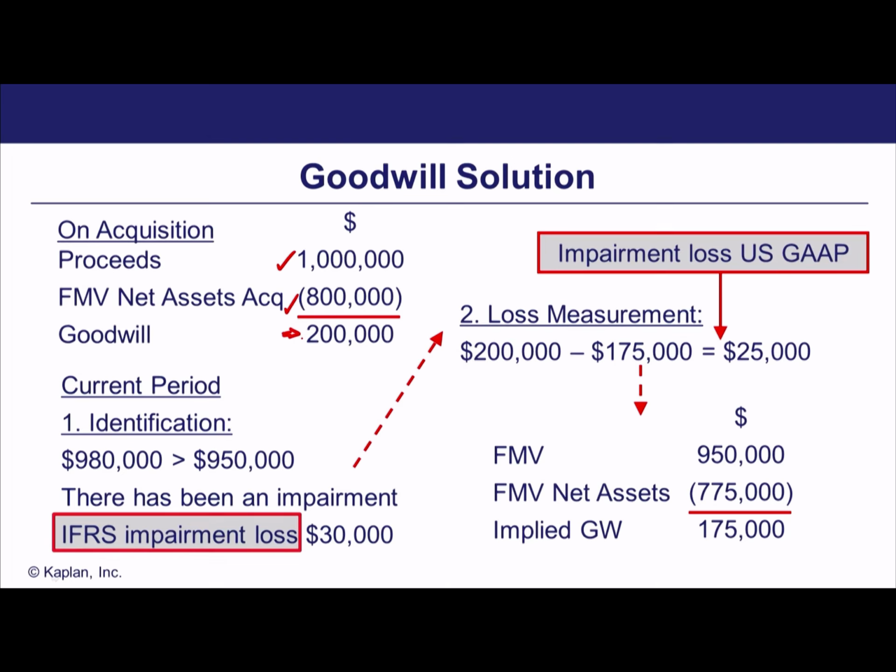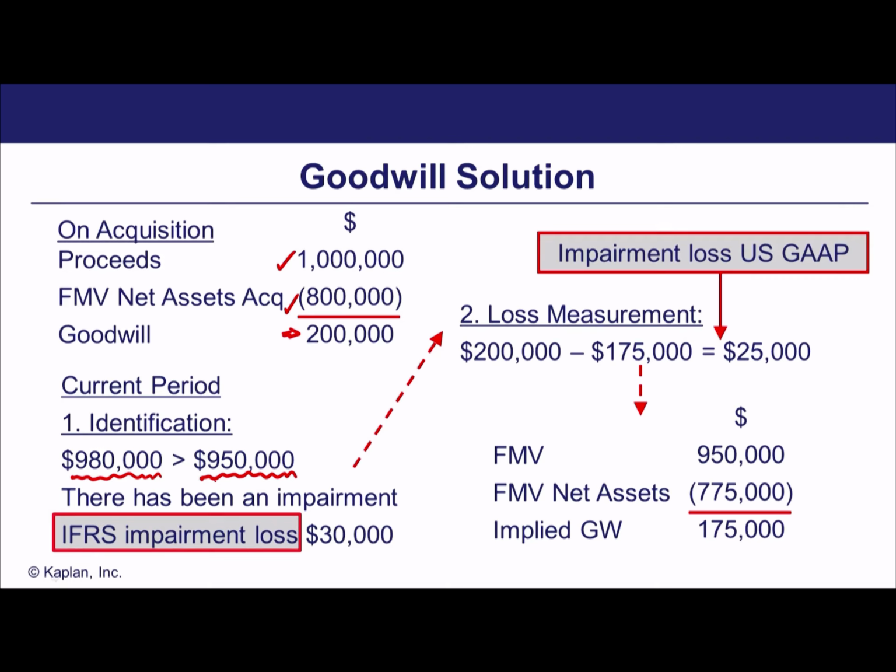So we're told that the carrying value of the subsidiary, so that's its fair market value net assets plus the goodwill figure, is 980,000. That 980,000 is bigger than its fair value. We're told that the fair value of the subsidiary is estimated to be 950,000. So of course, fair value lower than carrying value, we've got an impairment.